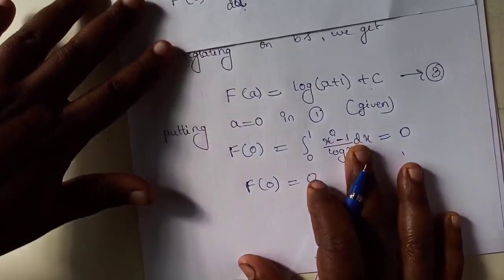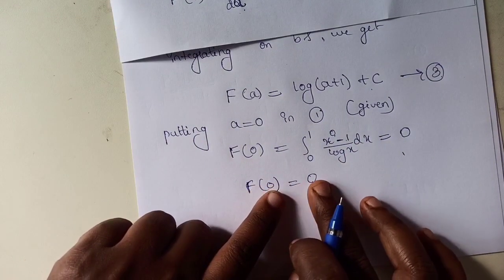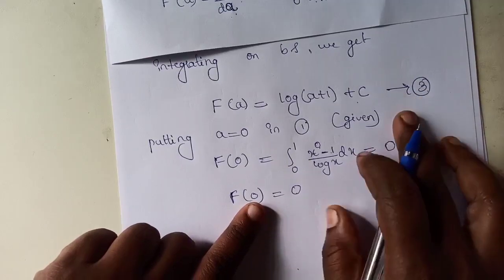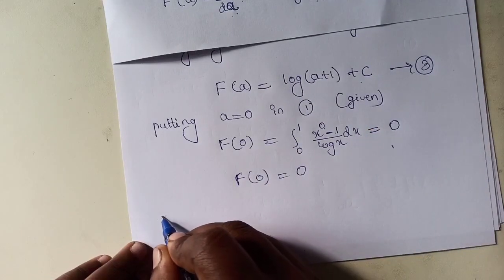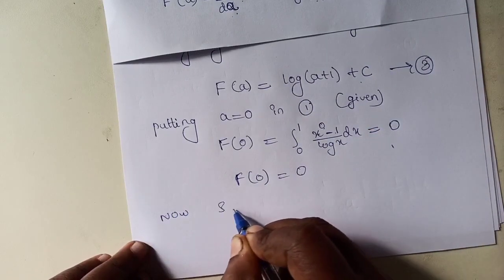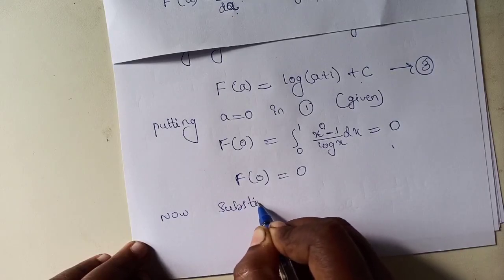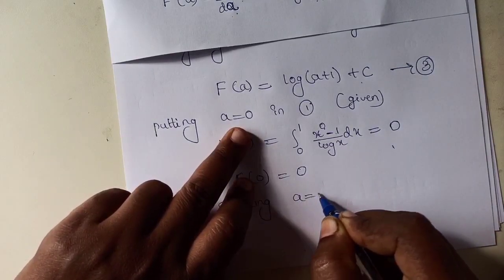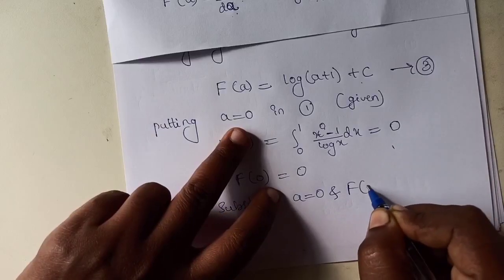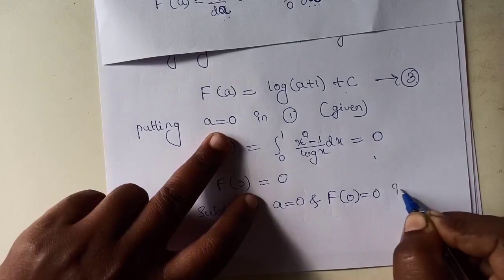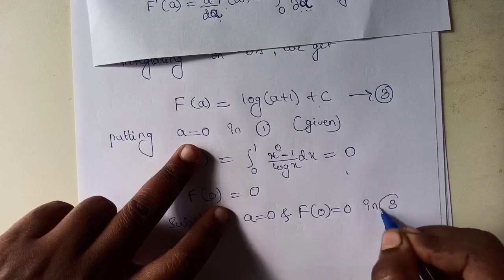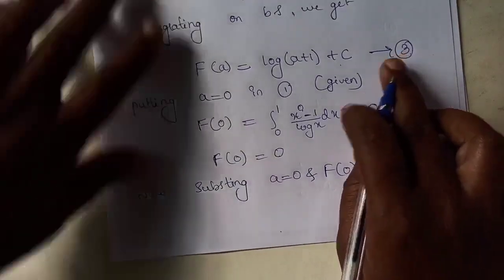So therefore we substitute this f of 0 equals 0 in equation 3. That is, substituting a equals 0 and f of 0 equals 0 in equation 3, we get the c value.